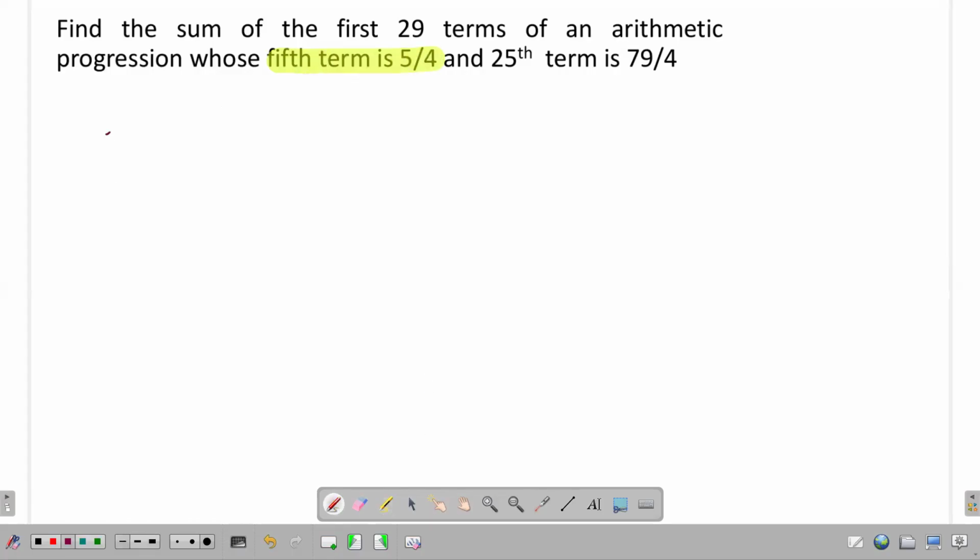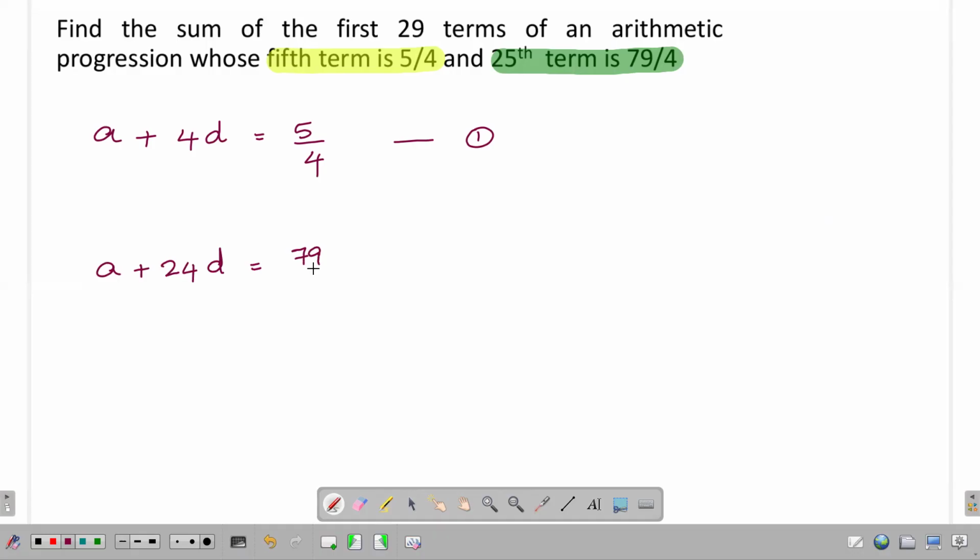Fifth term means A plus 5 minus 1, that is 4D, equal to 5 by 4. Let this be the first equation. And the 25th term is 79 upon 4. The expression for that 25th term is A plus 24 times D, equal to 79 upon 4.